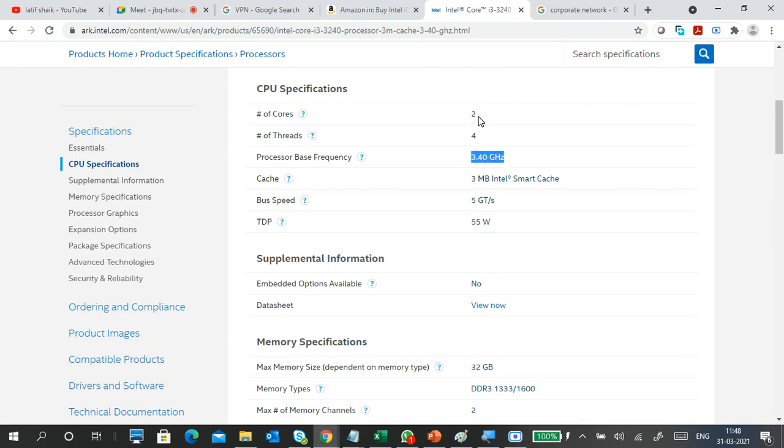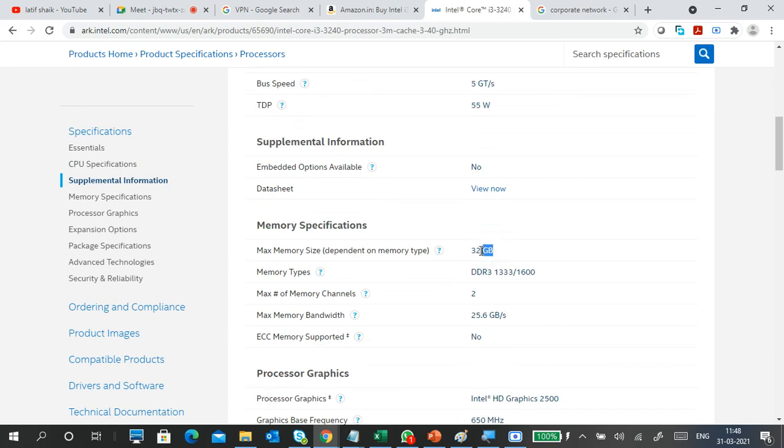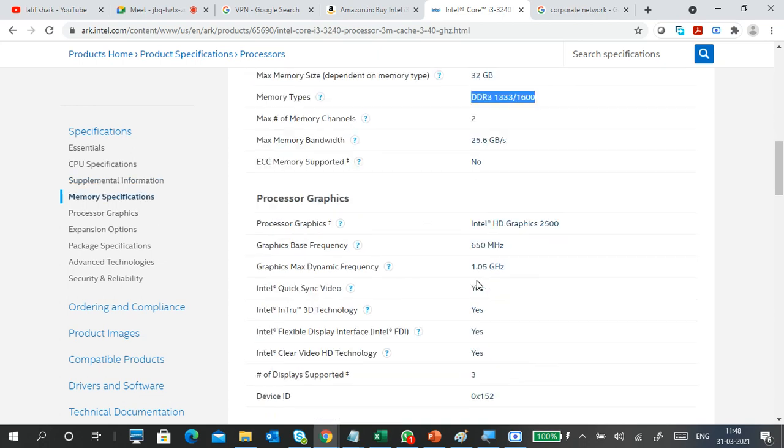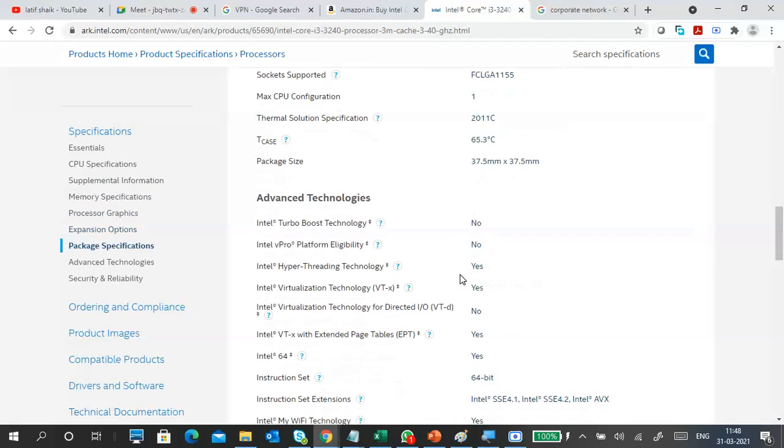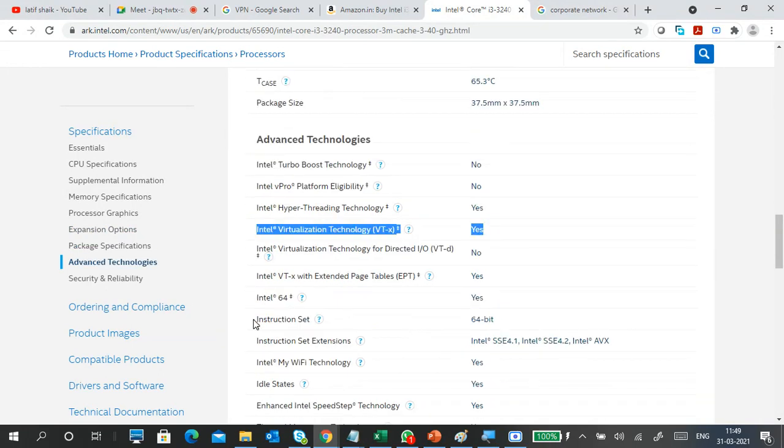How much frequency, how many cores, how many threads, how much maximum memory is supported, and what type of RAM is supported. Going down, is Intel virtualization technology supported or not? And the instruction set is 64-bit, Intel 64.